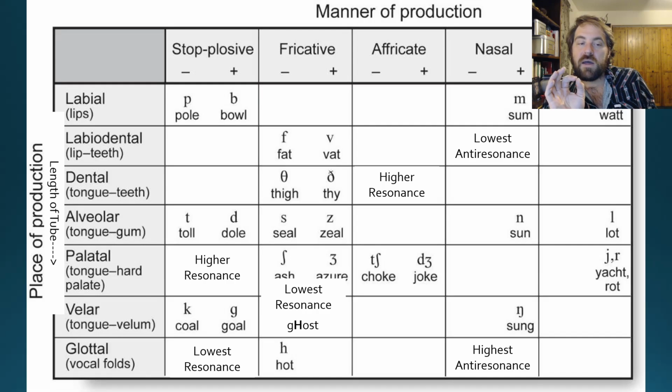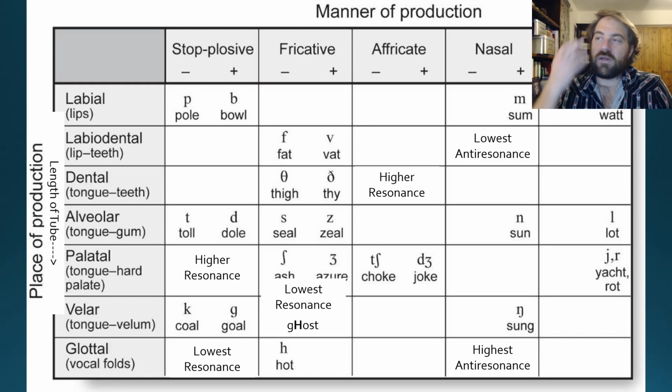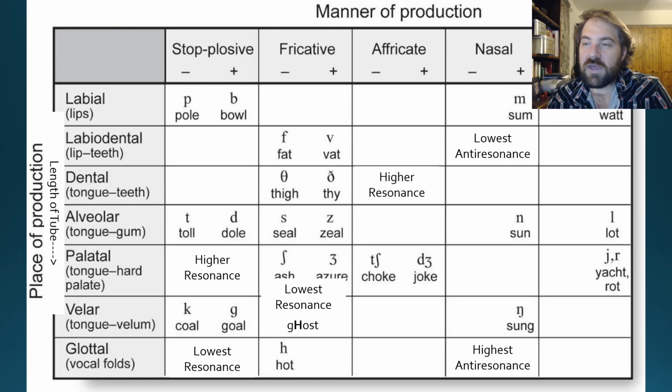Ba, not really any tube. Labiodental, fa, there's a little bit of a tube. Then thigh, there's a little bit more. Seal, we're getting a little bit longer. Shiel or ash, about halfway through the mouth. Then coal, pretty far back. And all the way back at glottal, we've got ha.